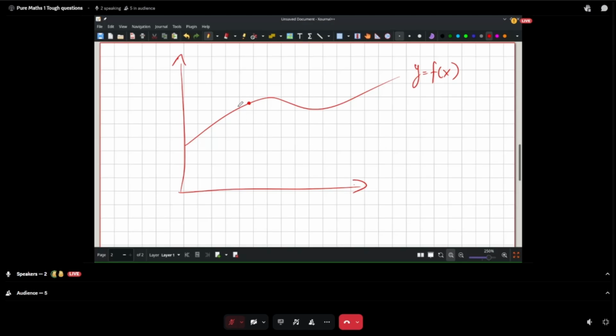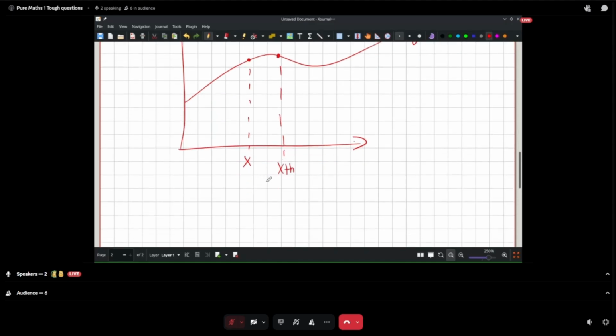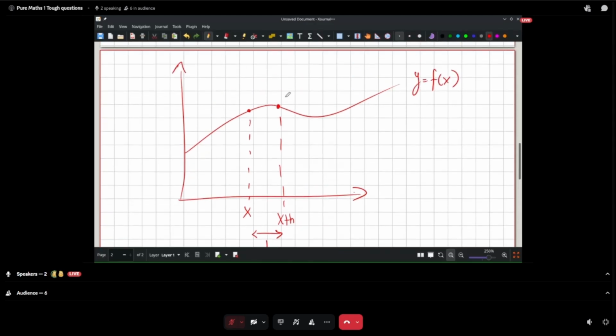So to find the rate of change at this point, you consider a point that's close to this point. Like let's say this point here. This will be at x, and then let this be x plus h, so that the distance between these two points is h in x values.